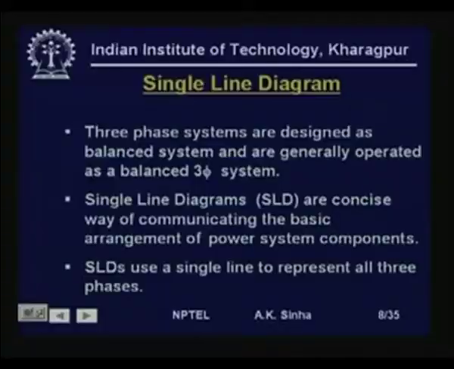Now we will try to take advantage of some of the basic characteristics of the power system in trying to simplify the system for representing it. We know that three-phase systems are designed as balanced systems and are generally operated as a balanced three-phase system, which means that all the equipment which are three-phase equipment like generators, motors, transformers, all are designed to be balanced systems, means all the three phases have equal impedances, have the same voltage levels, and so on.